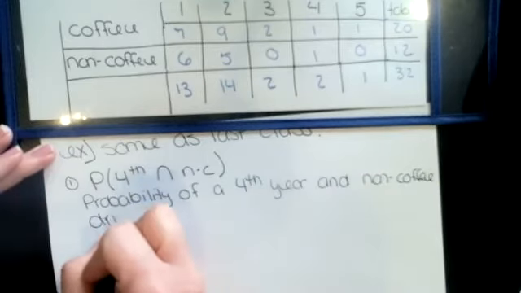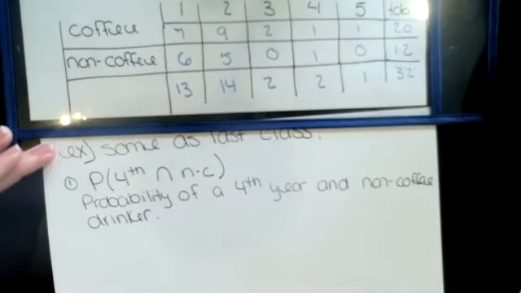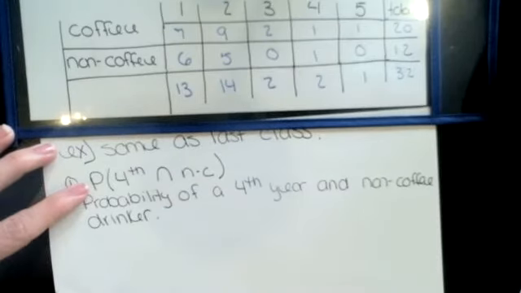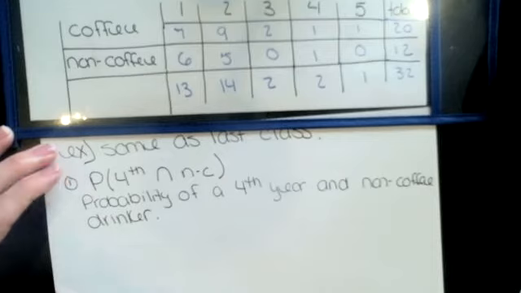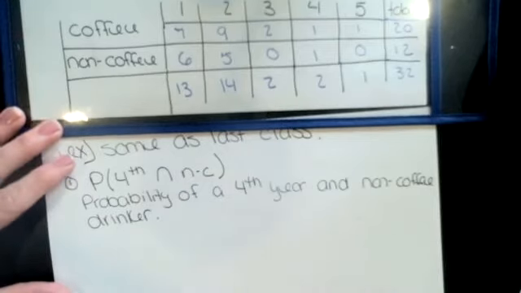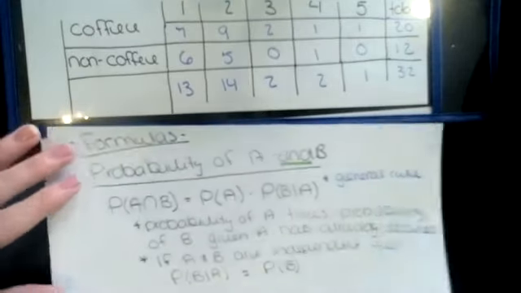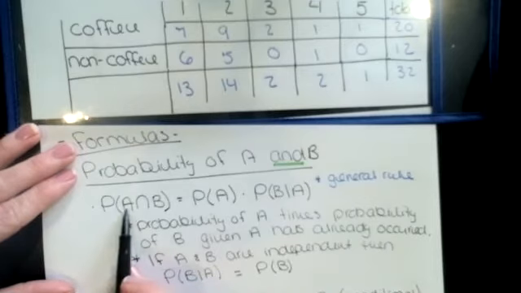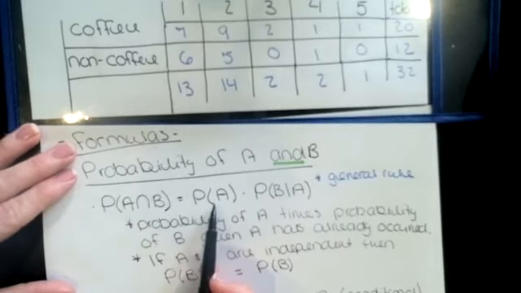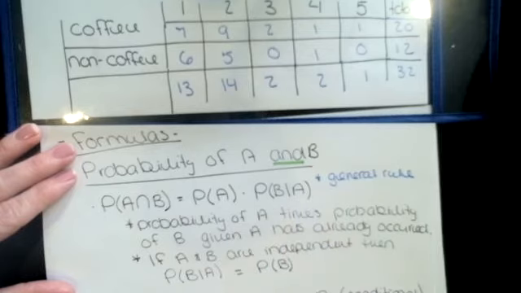Okay, so we have it. I like to have everything available. So I'm looking at the probability of a fourth year and a non-coffee drinker. Let's take a look at the formula like I just gave you. This is my and. So it's the probability of the first event times the probability of the second event given the first one has already taken place.